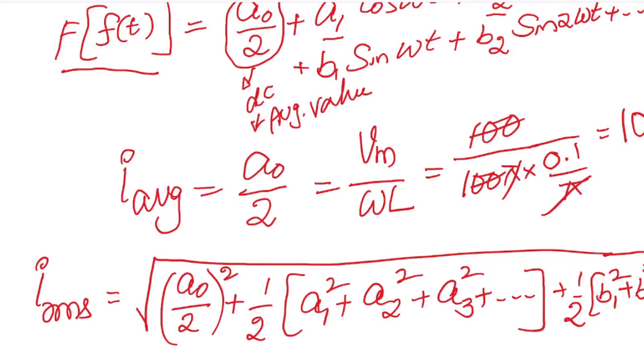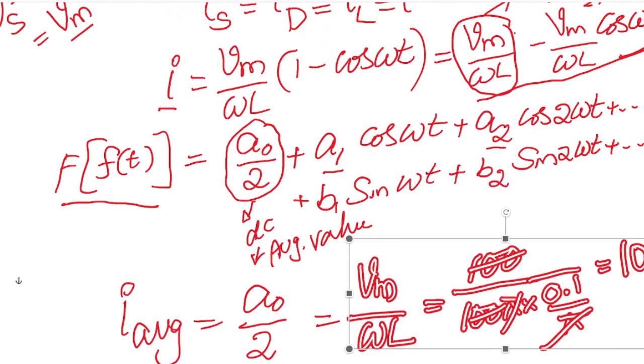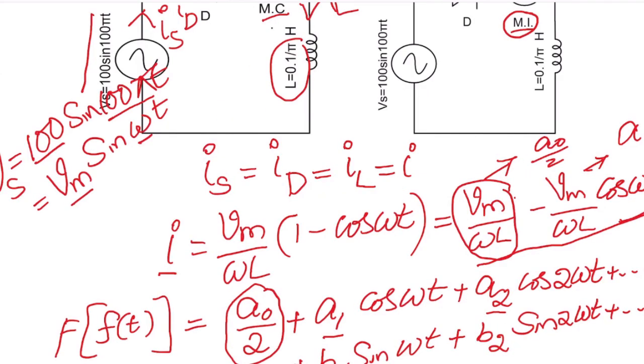Comparing, I know A naught by 2 and I know A1, but I don't know about A2, A3, and similarly B1, B2, B3. All are 0 because there are no terms related to them.